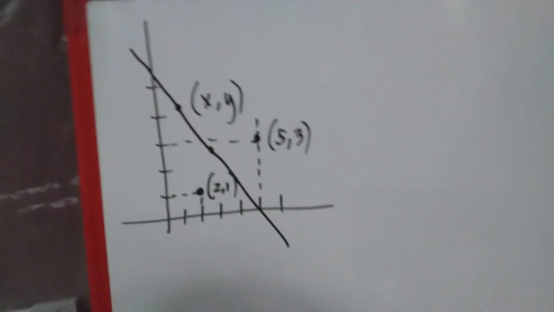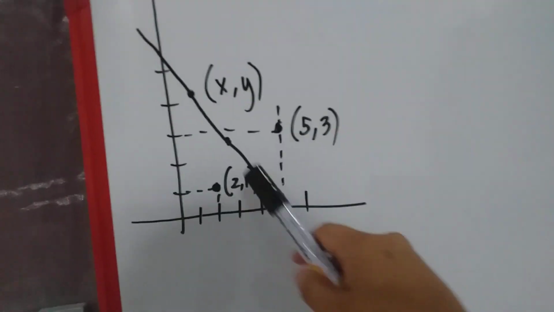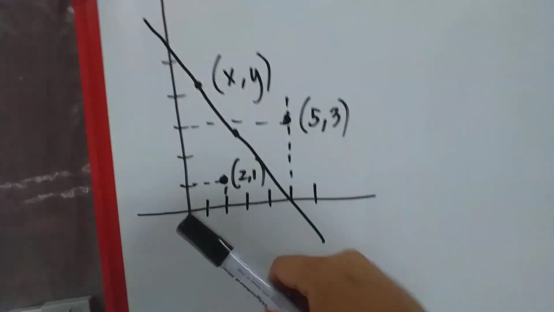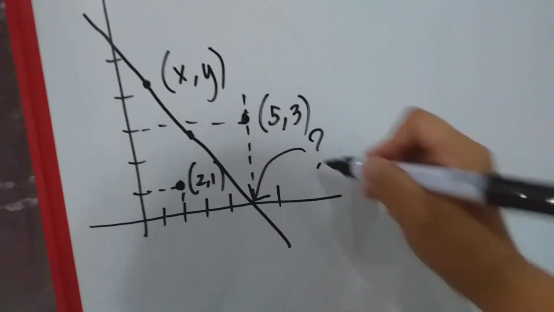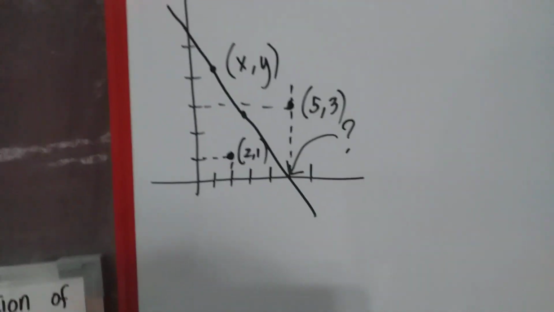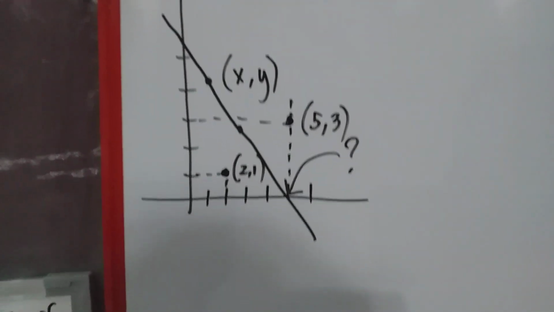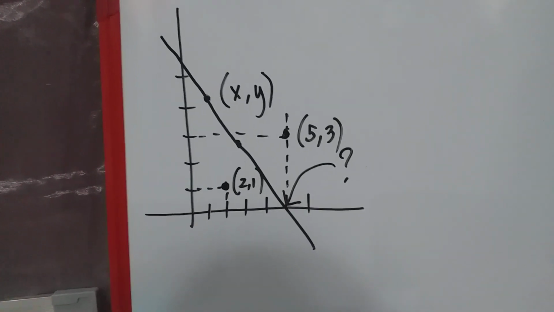So the question is, what is the equation of this locus of all the points that is equidistant to these 2 points? So we'll find the equation of this line. How do we find the equation of that line? First, recall the distance formula discussed to you.